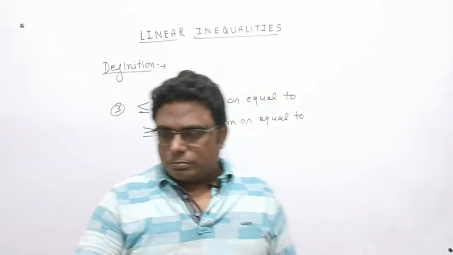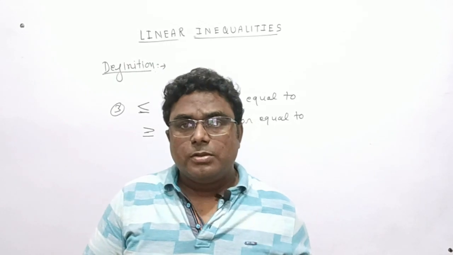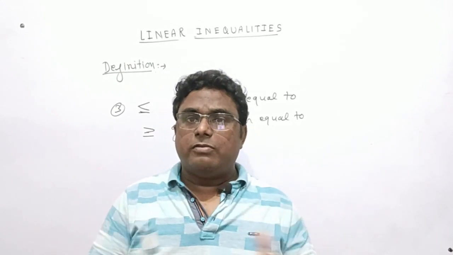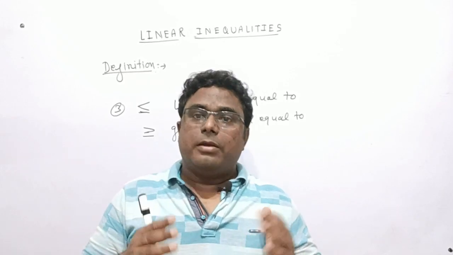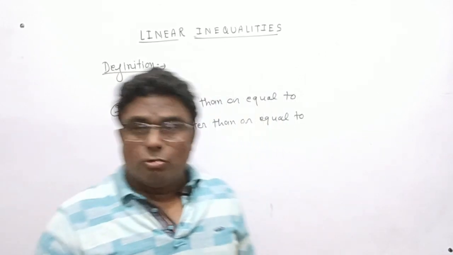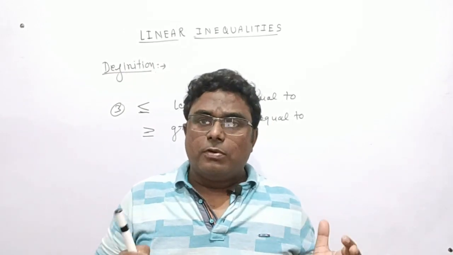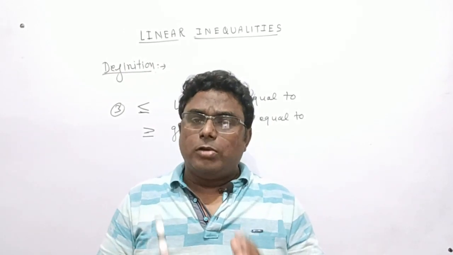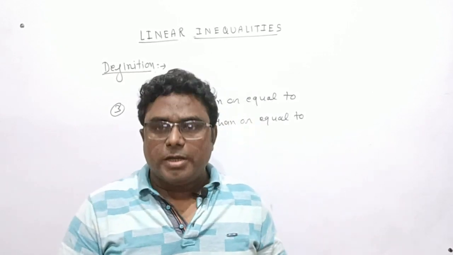Now if in the inequality only one variable is present, we say that it is an inequality in one variable. If two variables are present, then we say it is an inequality in two variables. But in our syllabus we shall focus only on linear inequalities. What is the meaning of linear inequality?